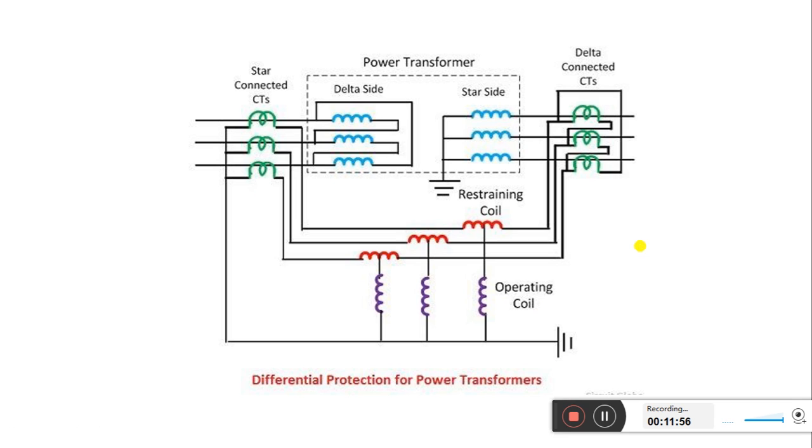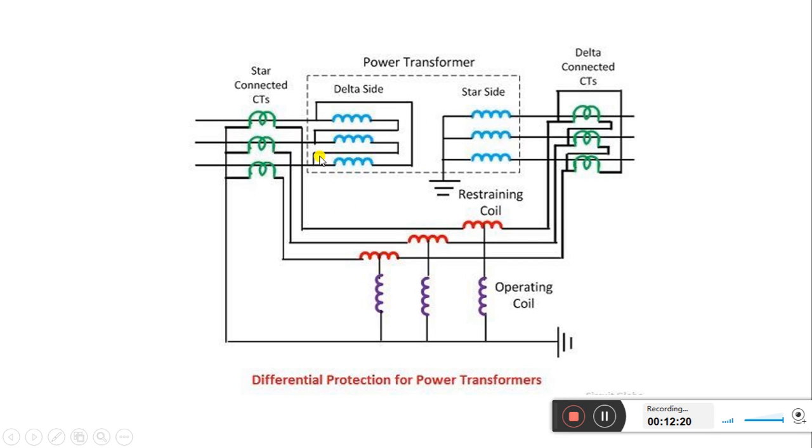But if a fault happens in the transformer delta side or star side, that is, within the protection zone, the balanced current flowing in the star connected CTs and delta connected CTs will be disturbed.